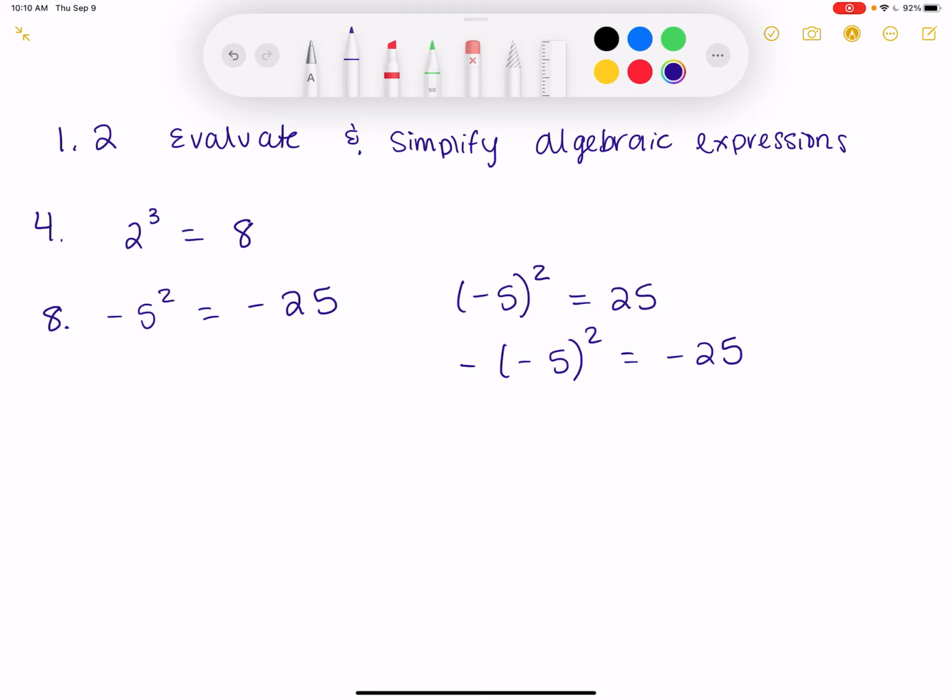Okay, so basically what's happening is you're taking this negative sign and doing whatever the power is, and then you're doing it to the number as well. So that would still be negative. So then if you came down here and you had the negative outside, then the negative times the negative makes it positive.